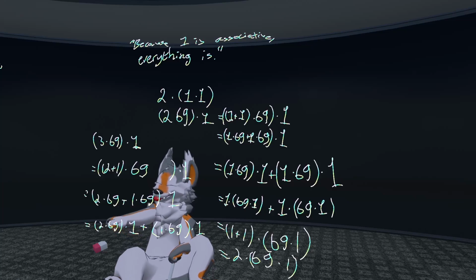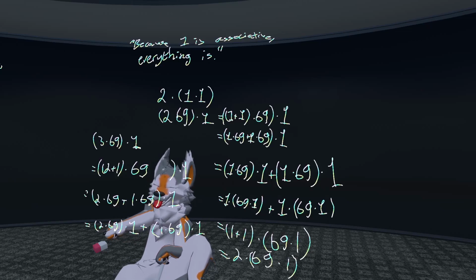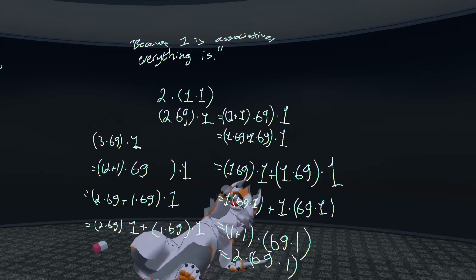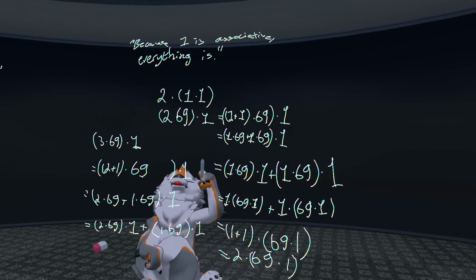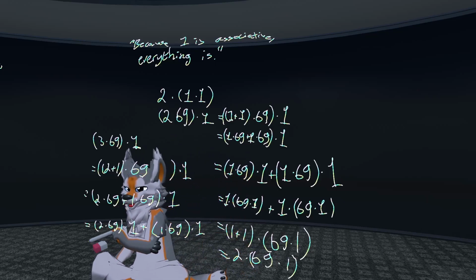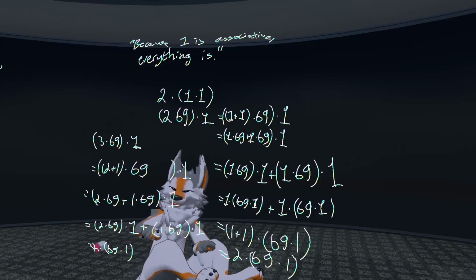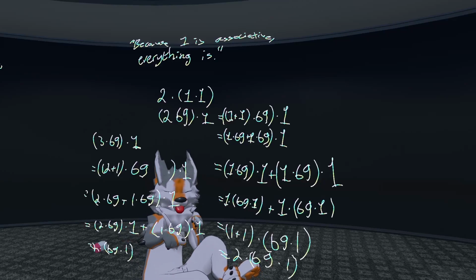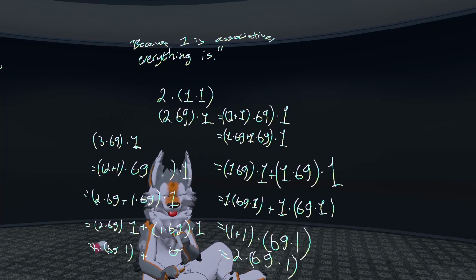Now, this first thing is going to be associative because here we proved that this is associative, right? So this first thing is associative by virtue of what we've already shown. So it's going to be 69 times 1, all of that times 2. And then this second thing, well, that's just 1s on the sides. So again, this is going to be associative, right?